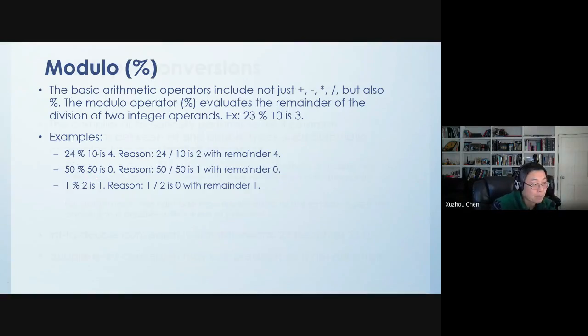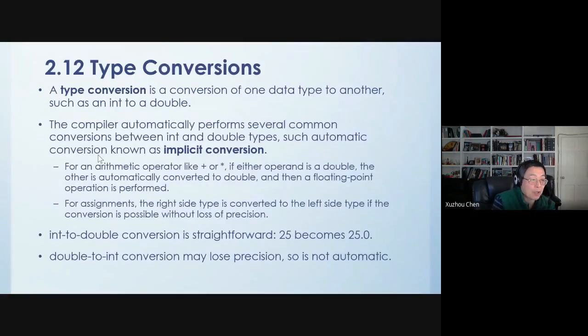Now, type conversion. That's something I want you to look at. It's a little confusing, so just keep that in mind: Java is stupid. It just does whatever people tell it to do.